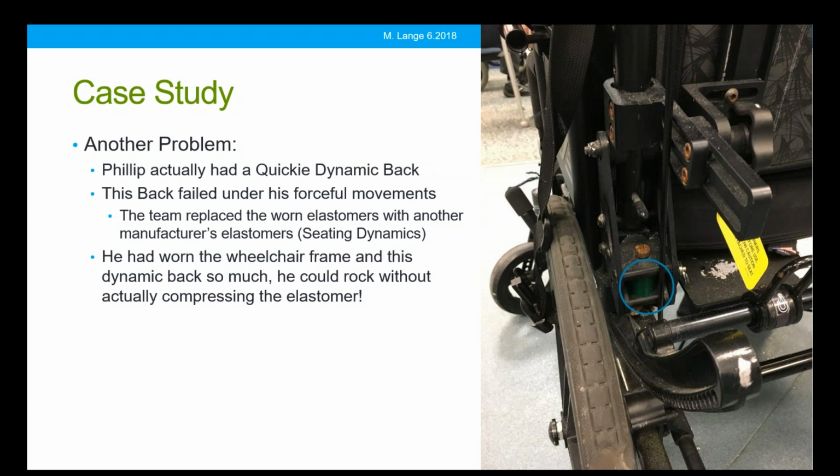They had worn to an oval instead of a nice tight round hole. And so there was a lot of movement in the frame, but really no compression of this elastomer. So the dynamic back is not absorbing the forces at all, and his chair was at grave risk of implosion.